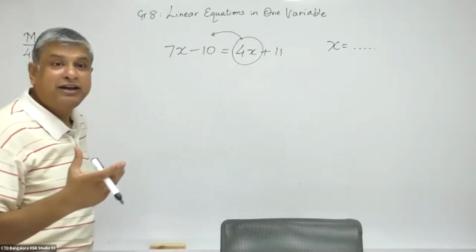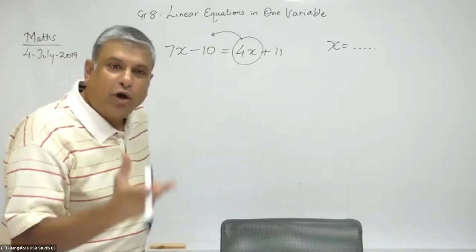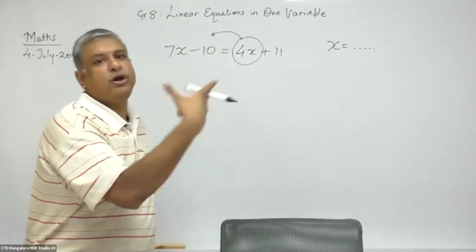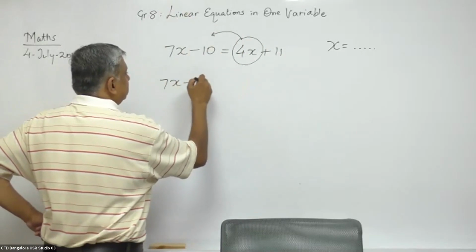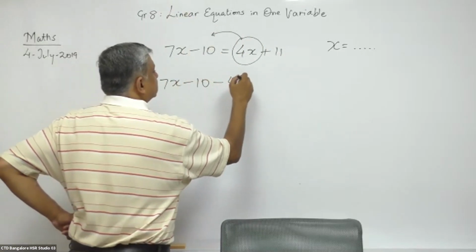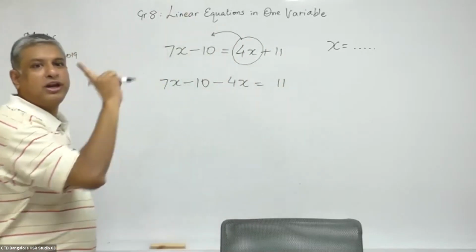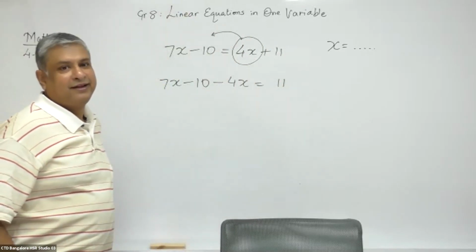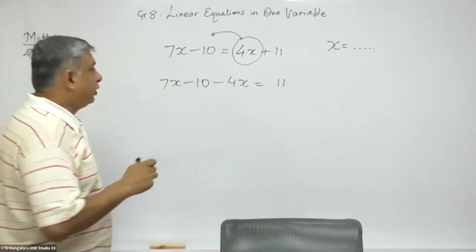See, it doesn't matter whether transposing is from left to right or right to left. The moment you jump across the equal to sign, you have to change the sign. So this will become 7x minus 10 minus 4x equals to 11. See, 4x is already gone, so you're left with 11. That is step one. Step two. What do you see here?